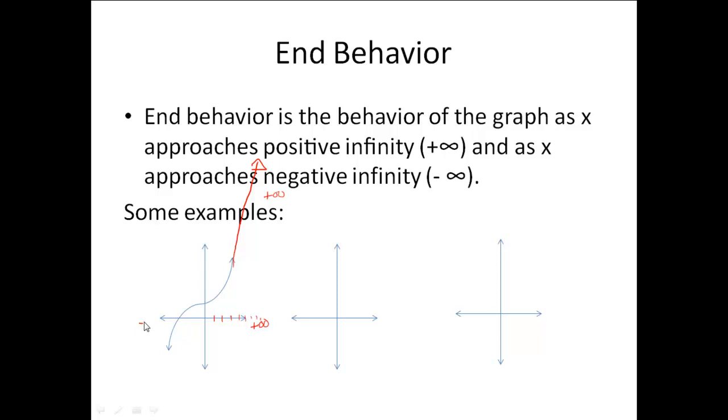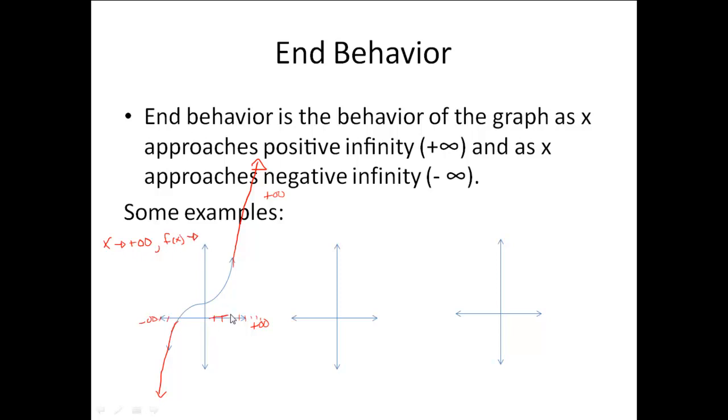Now, as I approach negative infinity, my end behavior keeps going down, down, and down. So it's basically asking what's happening on the ends of your graph. So for this first one, we would say that as x approaches positive infinity, this arrow means approaches, my function, so f of x, approaches.